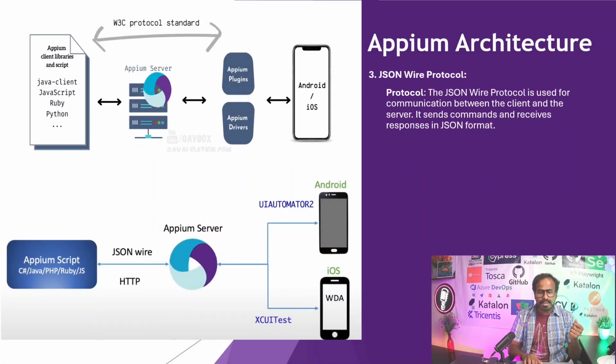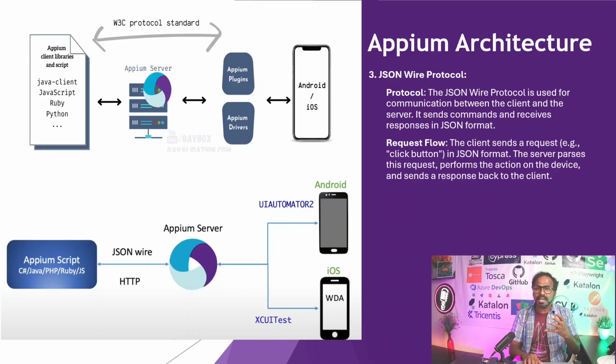Then the JSON wire protocol. What is the protocol that the server communicates with? The JSON wire protocol is used for communication between client and the server. It sends commands and receives responses in JSON format. And then the request flow.